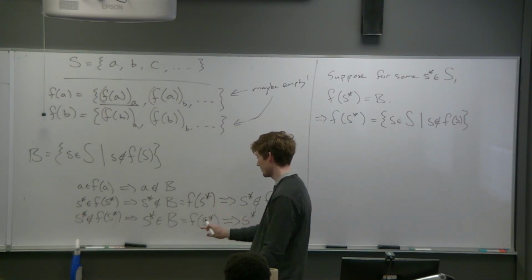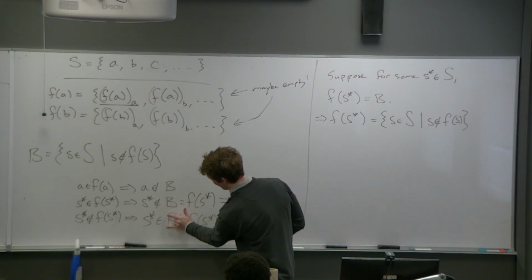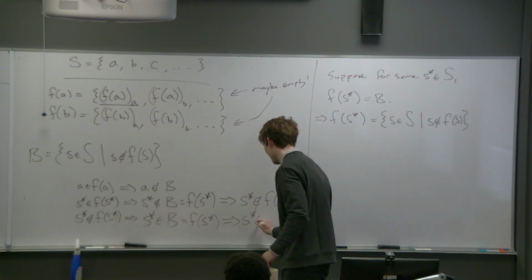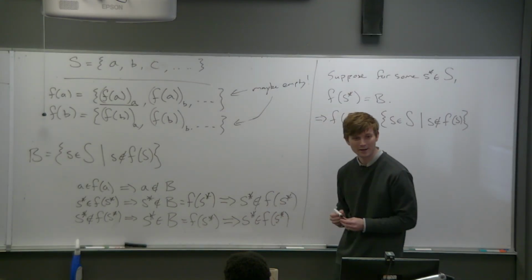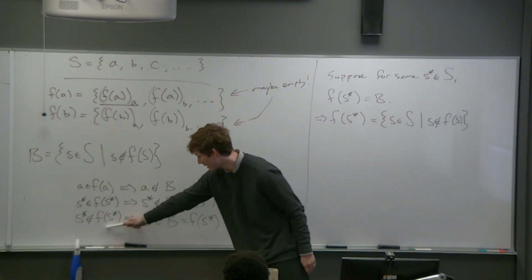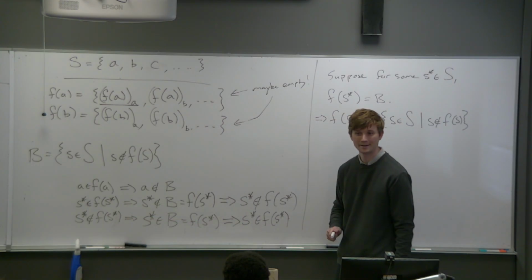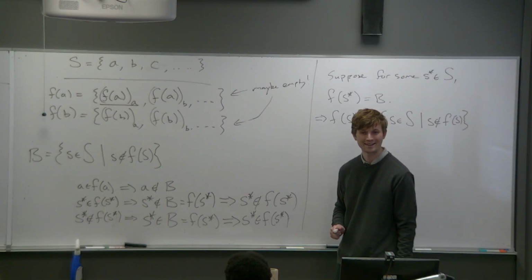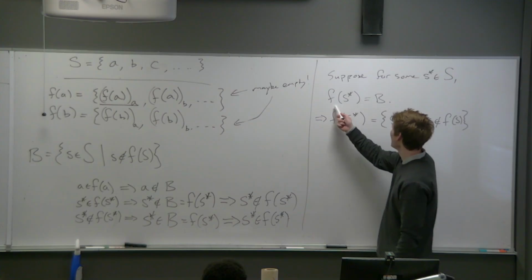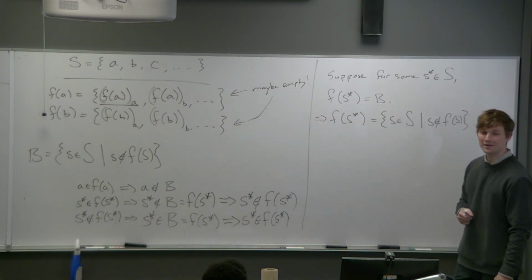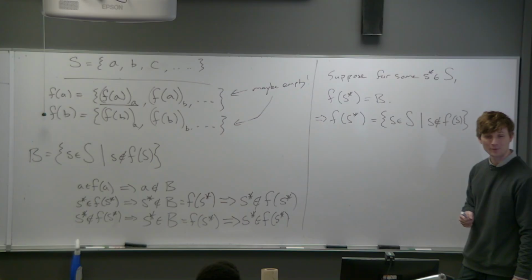That S star is in f of S star. In either case, you get a statement implies not the statement, right? A contradiction, yeah? So there is no S star such that f of S star is equal to B, right?